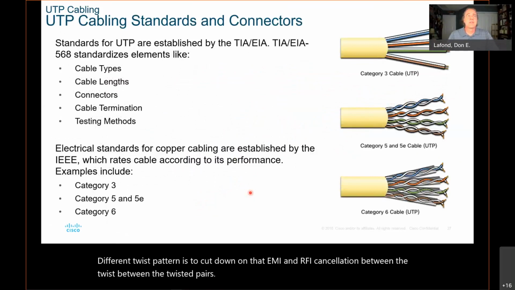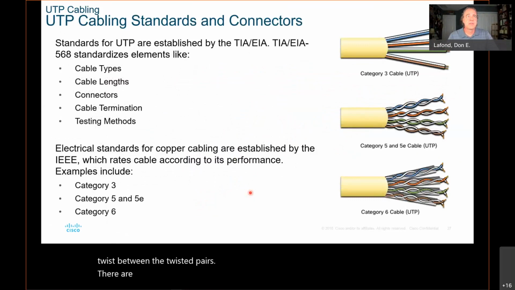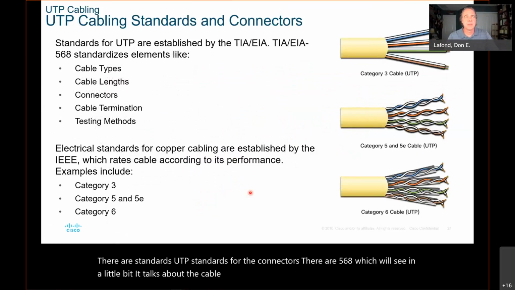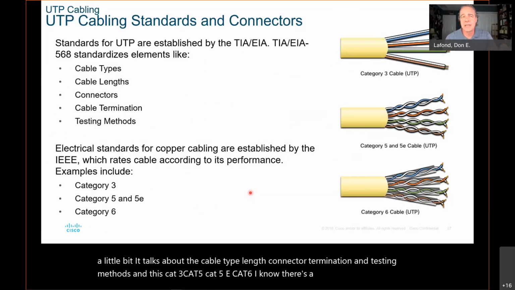There are UTP standards for the connectors. The 568, which we'll see in a little bit, talks about the cable type, length, connector, termination, and testing methods. And there's Cat 3, Cat 5, Cat 5e, Cat 6. I know there's a Cat 7. Heck, there's probably a Cat 8 out there.